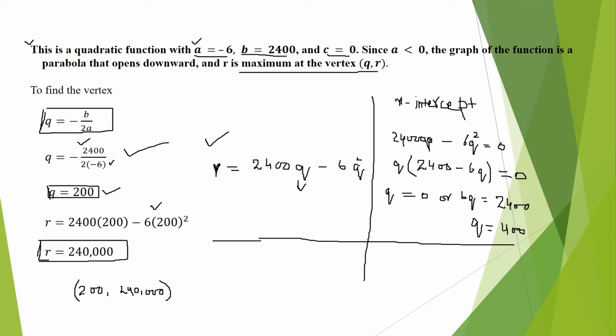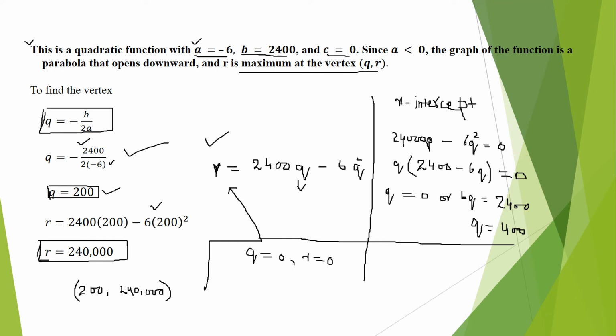The first value of q is 0, and in equation 1, if q is equal to 0, then definitely r will become 0.